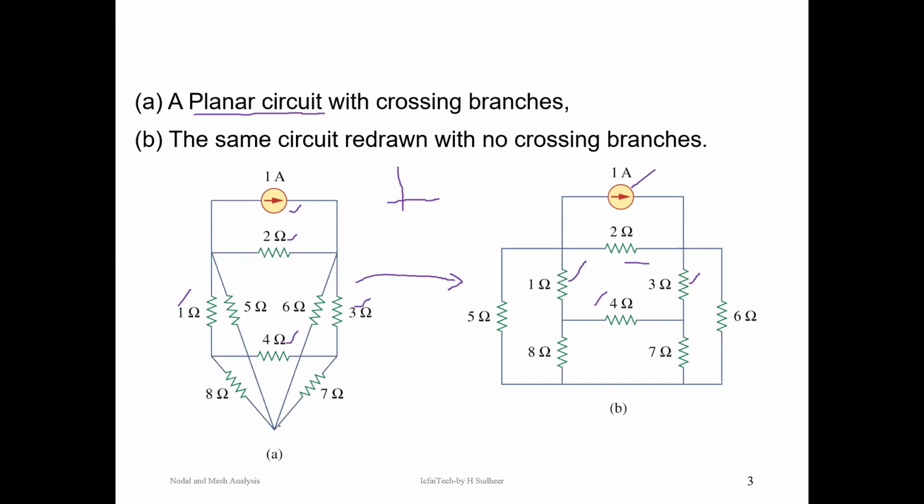Now let us take this as a reference node, which can be redrawn like this. Now a 5 ohm resistor needs to be joined between this node and the reference node. So, rather than drawing it like this, I can remove the branch and reconnect it in this format.